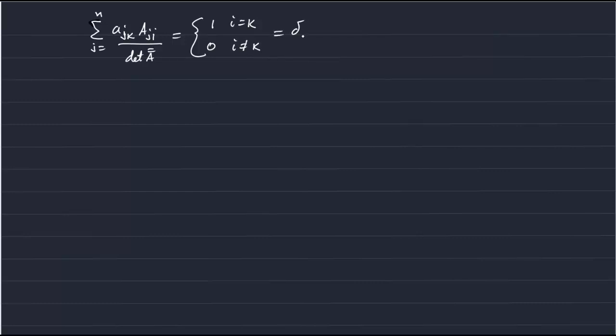And so this gives us the elements of our identity matrix.